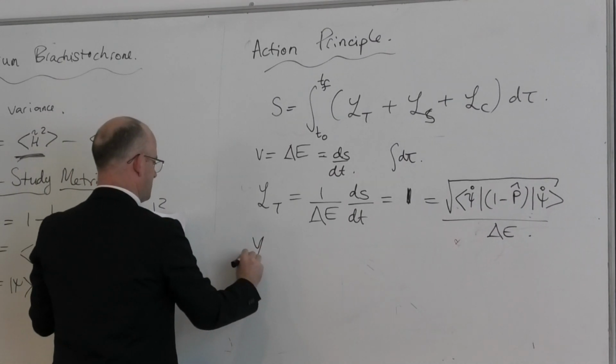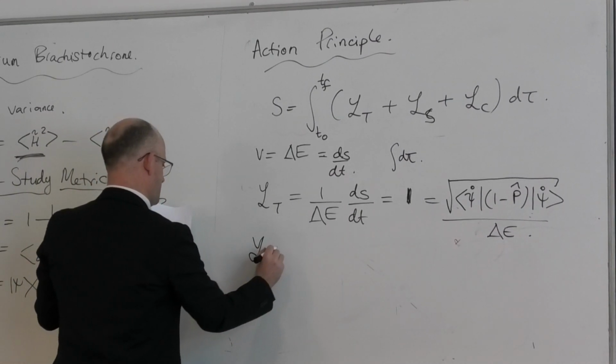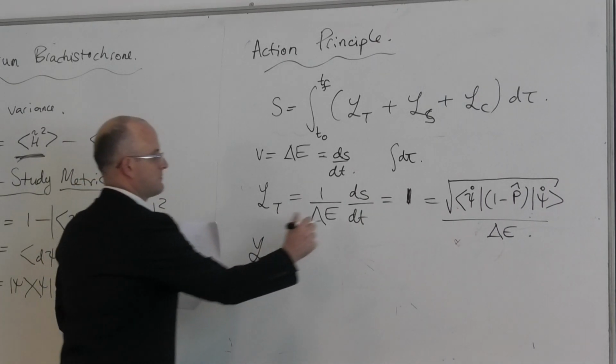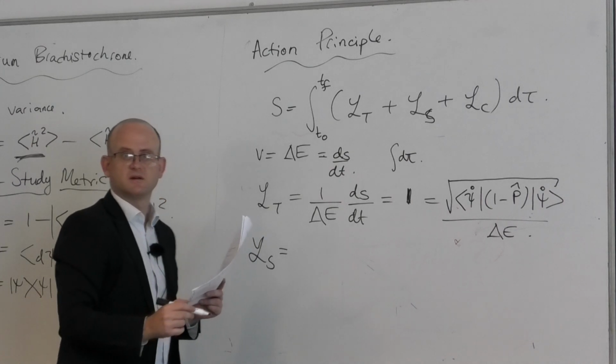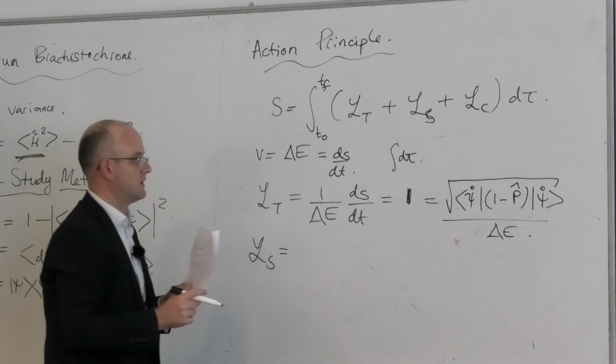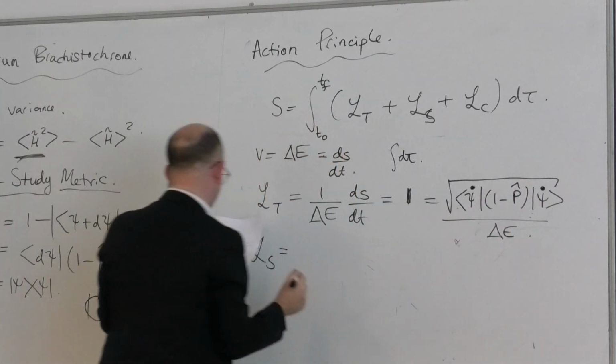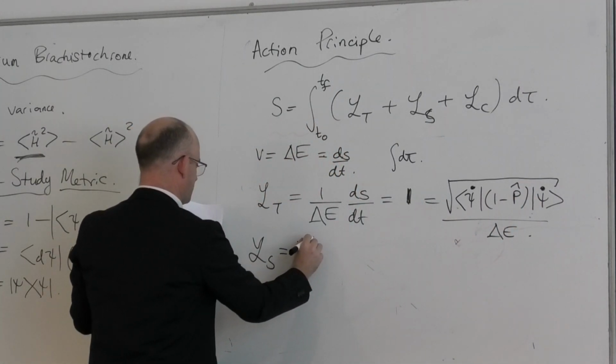Now the second term. Yes, the dots indicate derivative, because you're dividing by dt. Feel free to ask any questions if it's a bit confusing.